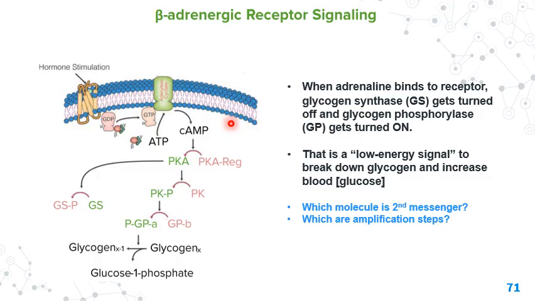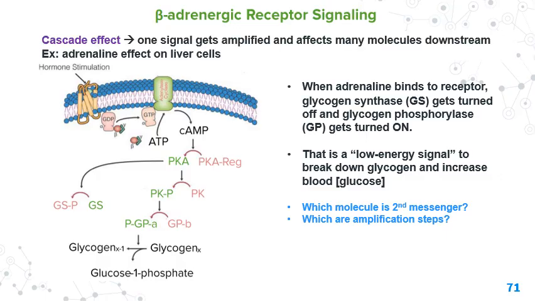So cyclic AMP in certain cells in your body, especially in your liver, is going to activate the breakdown of glycogen in order to produce glucose, and then the glucose can be exported out of the liver cells and increase your blood glucose levels. Okay? So this is a way that you can get extra energy based on the glycogen that you have stored in your liver. Okay?